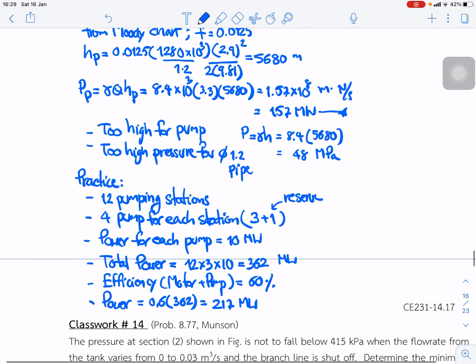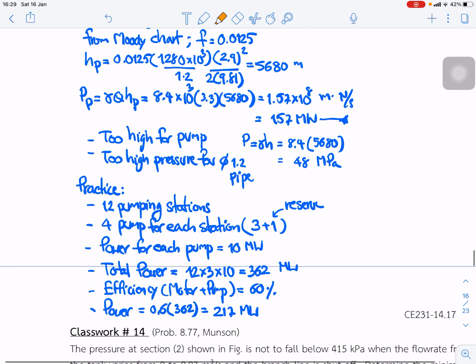Compared to what we calculated above, 157, this one is 217 megawatts. So that is the practical way of operating this supply system.